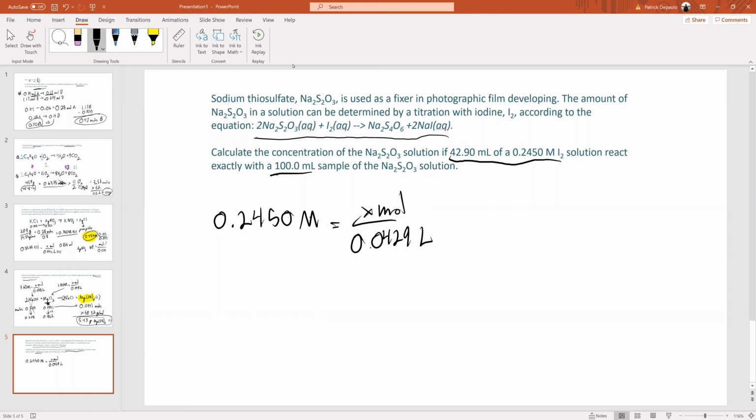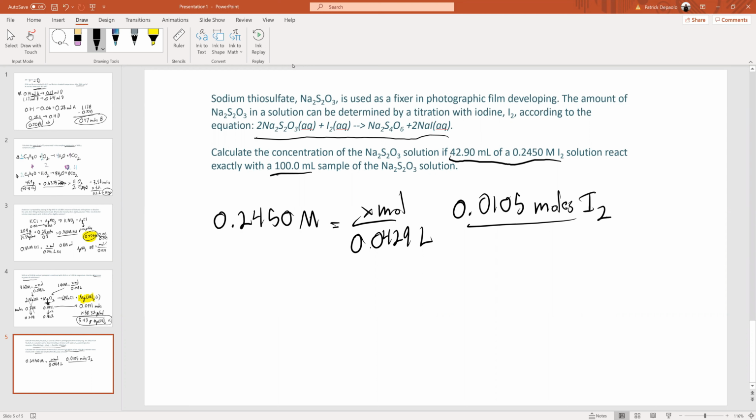Then you multiply those two together to figure out the missing moles. And your answer is 0.0105 moles of I2.